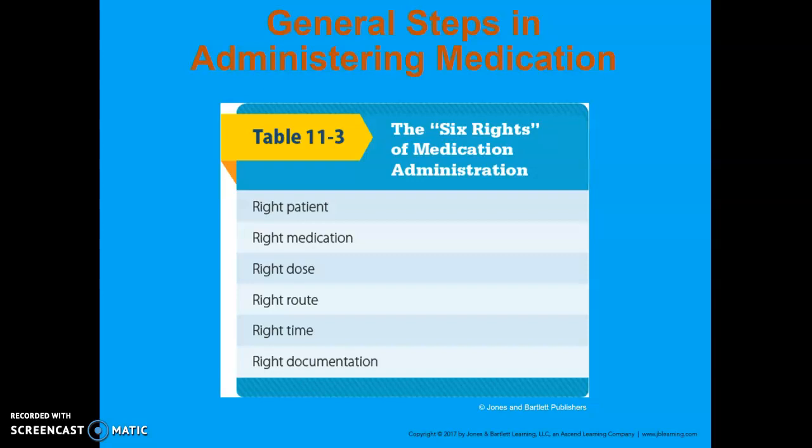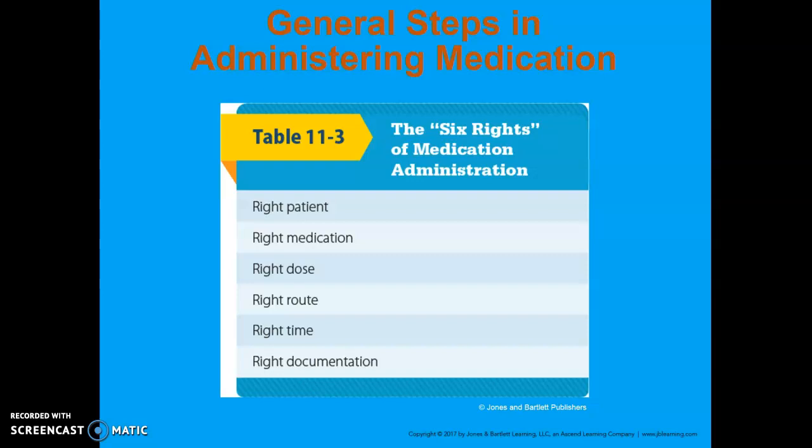You should only administer medications under the authorization of either online or offline medical control. So either talking to a doctor or having a standing order for you to be able to give that. You need to follow the 6 rights when you give medication. So you need to make sure that you have the right patient.